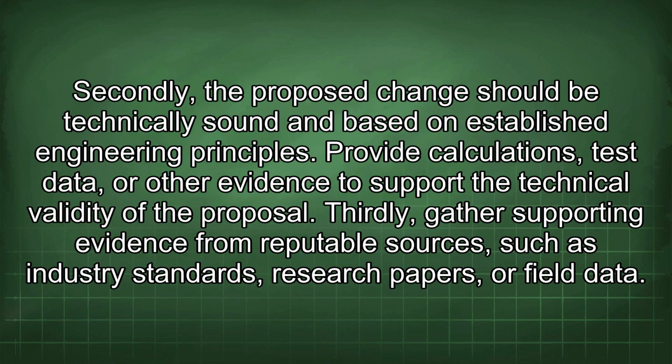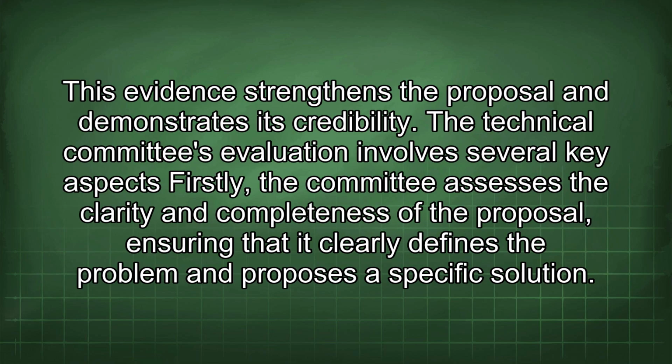Secondly, the proposed change should be technically sound and based on established engineering principles. Provide calculations, test data, or other evidence to support the technical validity of the proposal. Thirdly, gather supporting evidence from reputable sources, such as industry standards, research papers, or field data. This evidence strengthens the proposal and demonstrates its credibility.